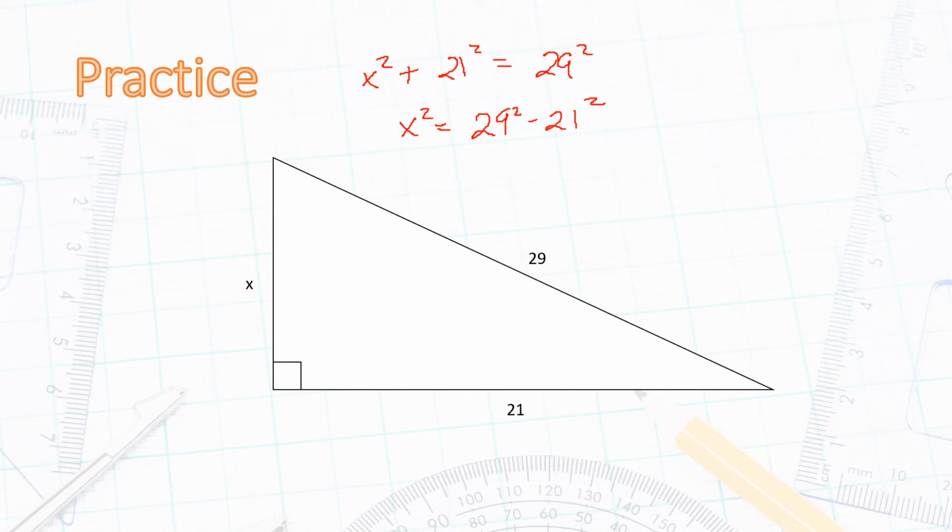So we put that in our calculator and see what we get. 29 squared is 841. 21 squared is 441. And then x squared is there. So we've got 841 minus 441 is 400. So we'll have to do the square root of 400, which is 20.